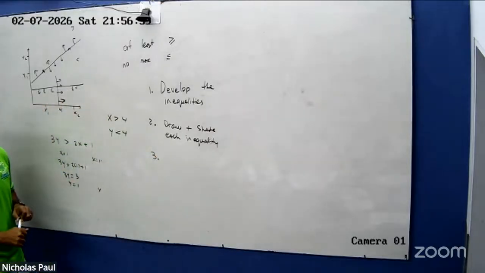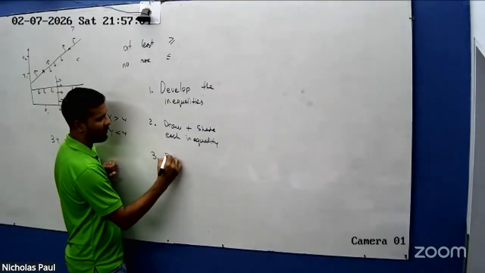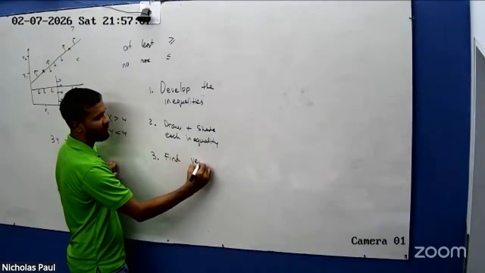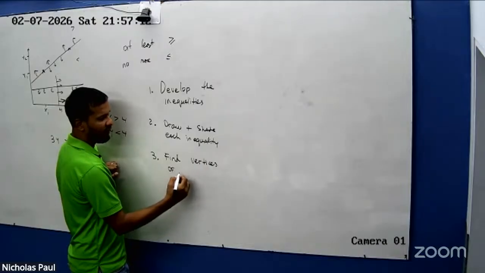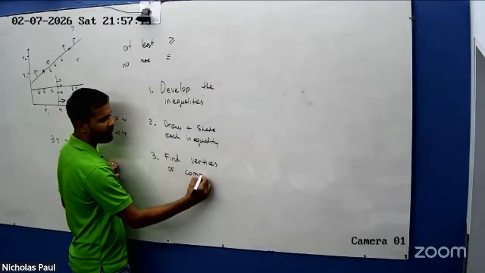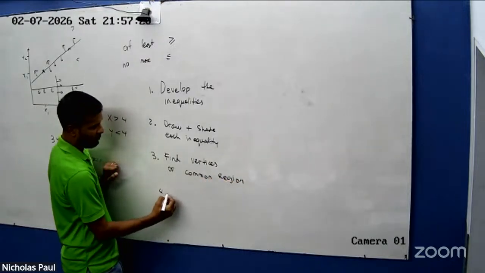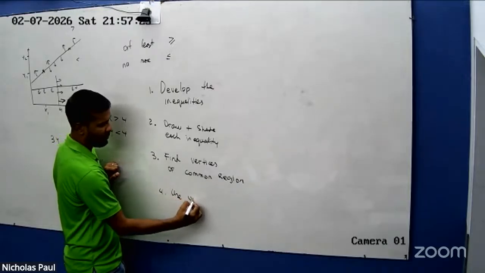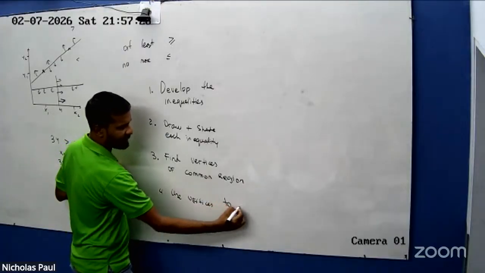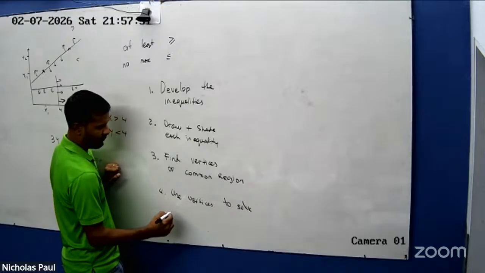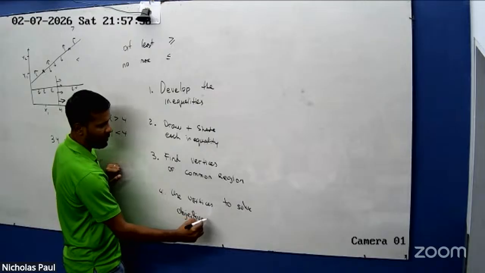Step three, find vertices of common region. Step four, use vertices to solve the objective function.